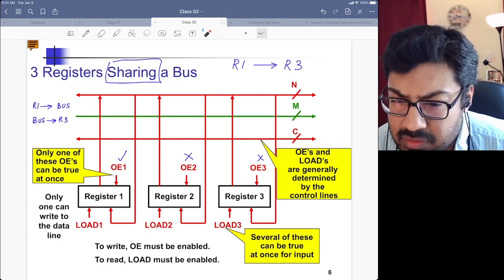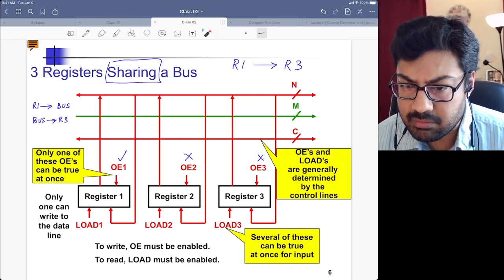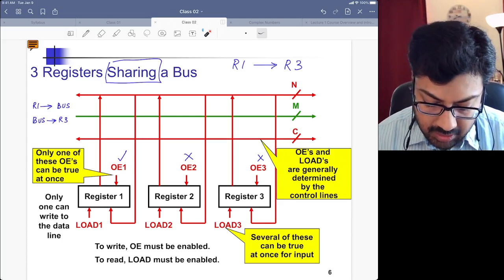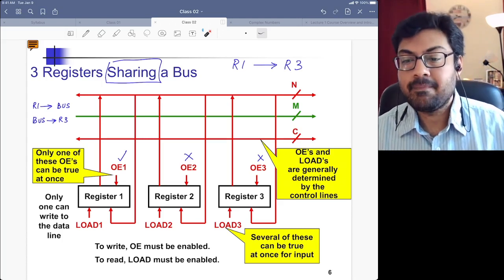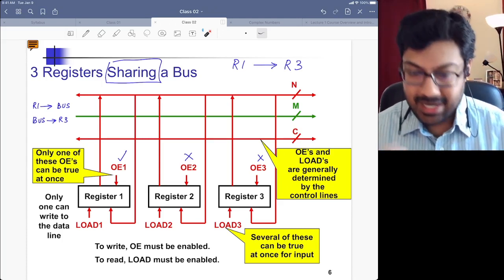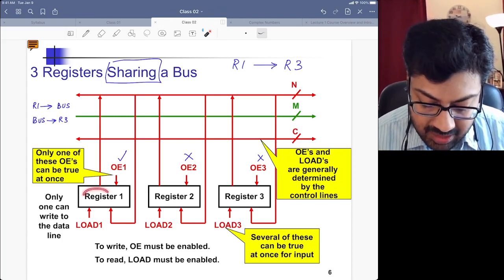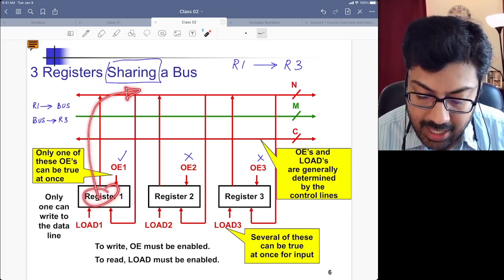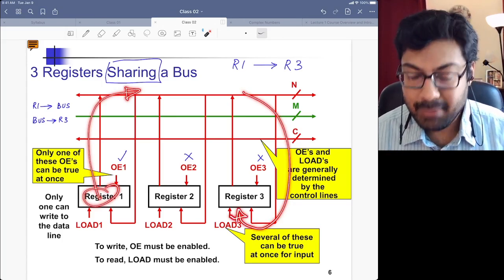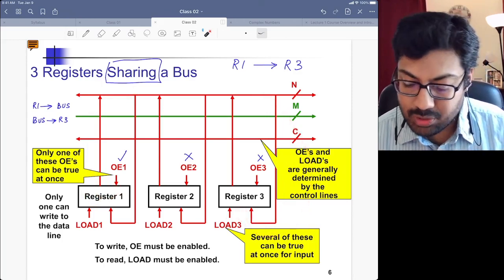Why isn't register 1 writing to the bus and then register 3 reading from the bus? That's exactly what we are doing. So here, reading and writing are relative, right? The first thing that we are doing is we are writing to the bus and then we are reading from the bus. But you see, when I say reading from the bus, I'm actually writing to the register, right?